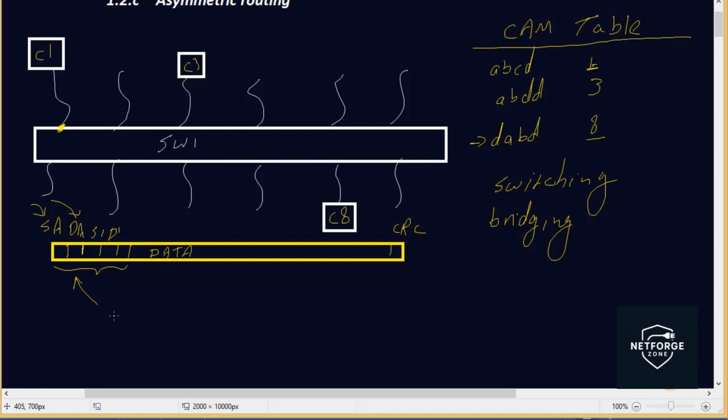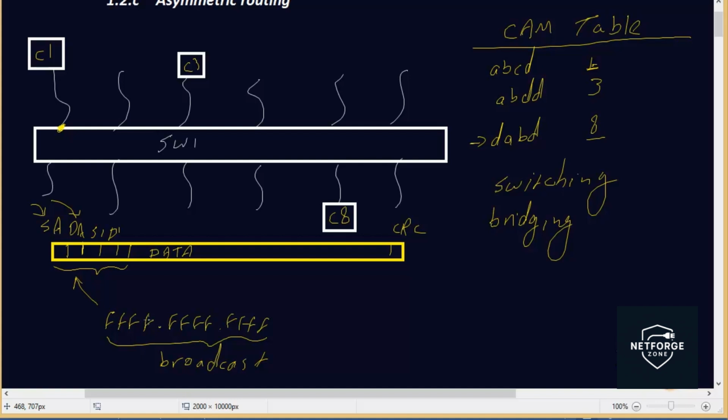Some of them may set it to all Fs. It is going to be FFFF.FFFF.FFFF. This means that this is a broadcast frame.